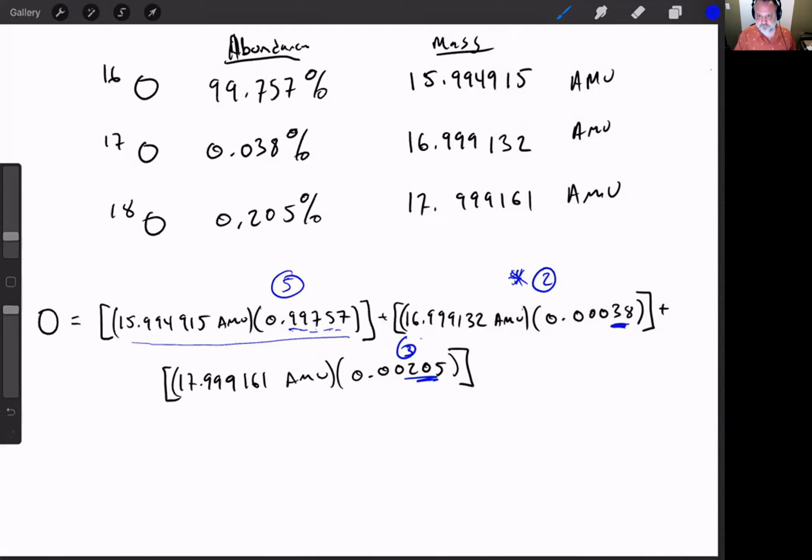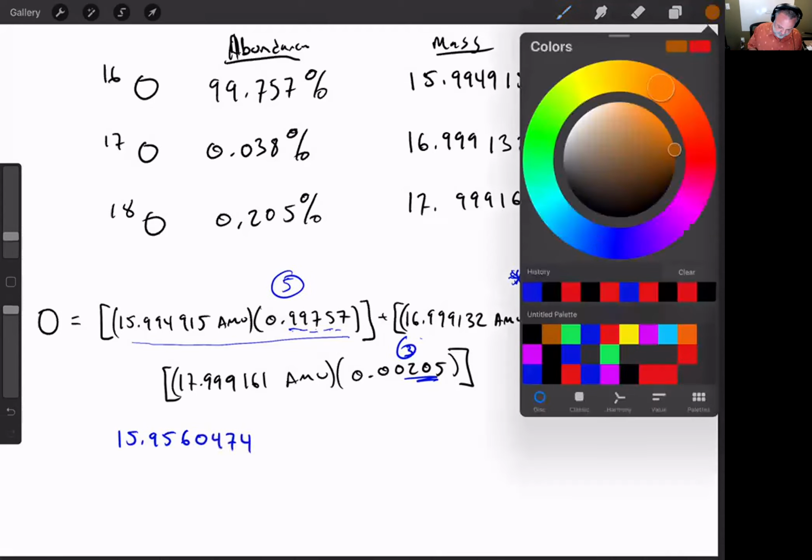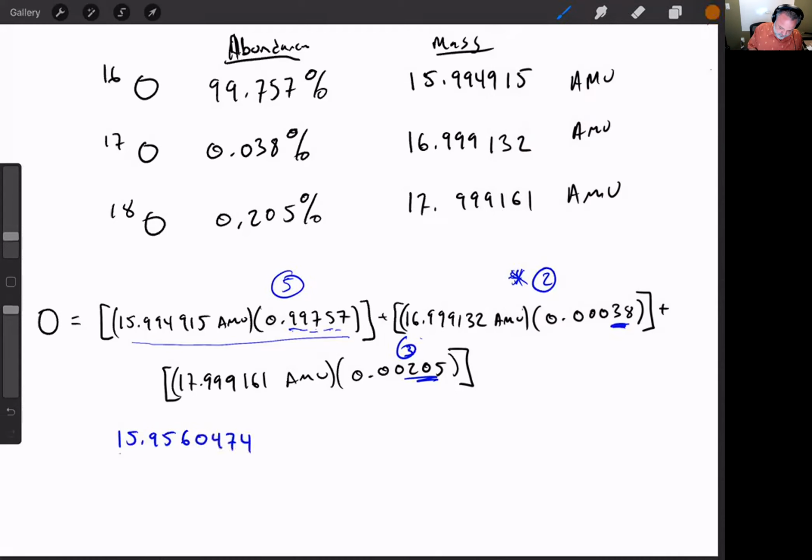So let's do the first calculation. 15.994915 times 0.99757. I get 15.956047, and I'm limited to 5 sig figs. Let me count my 5th significant figure: 1, 2, 3, 4. Here's the sig fig there.